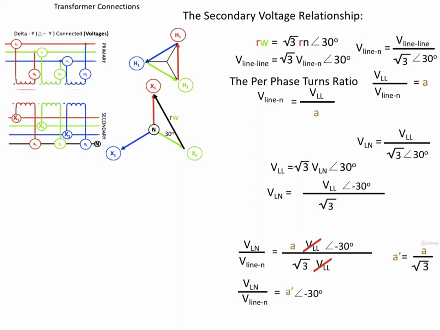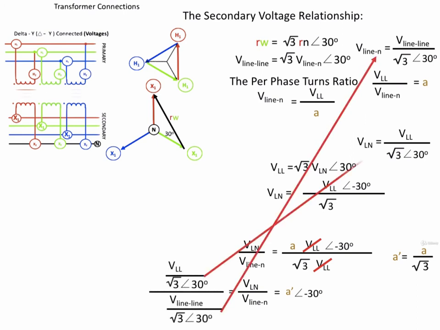Now, there is no primary neutral, so I'd like to reestablish this equation using line-to-line voltages, and we've got the conversion there of line-to-line or line-to-neutral voltages by establishing our phase relationships earlier on. And we can now replace the line to neutral values of this equation by their equivalent line to line values.